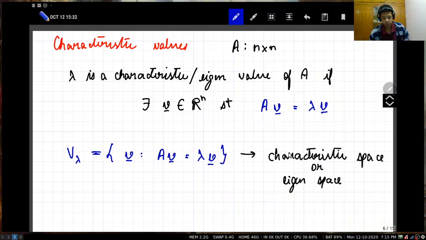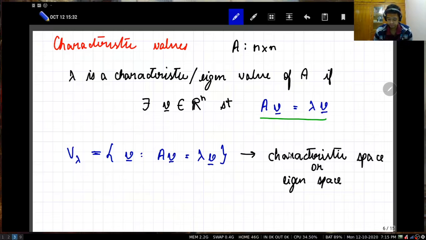So given an n by n matrix A, we say that a number lambda, a real or a complex number, is an eigenvalue or a characteristic value of A if there exists some vector V in R^n such that A times V is equal to lambda times V. Right? So for this vector V, matrix multiplication essentially corresponds to scaling.